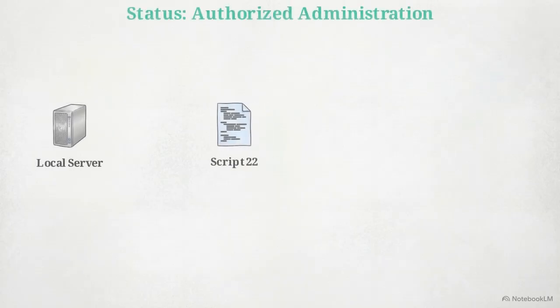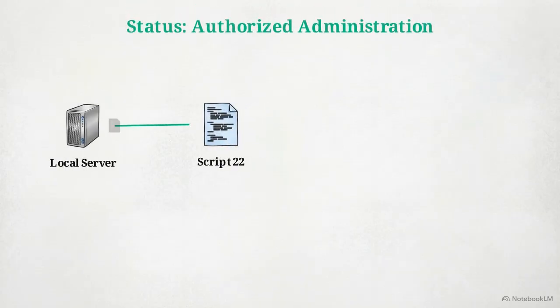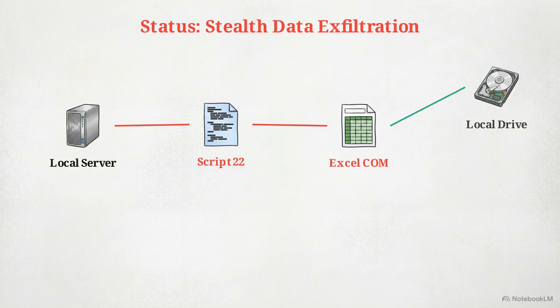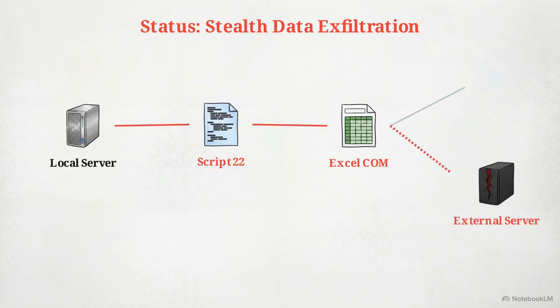This flowchart illustrates the legitimate use of script 22. An IT administrator relies on this COM automation to securely comb through local server logs, generate a weekly Excel report, and save it directly to their local drive. But an attacker can abuse the exact same script to quietly extract private corporate data from Excel and seamlessly exfiltrate it to an external server, all without triggering a single security warning.